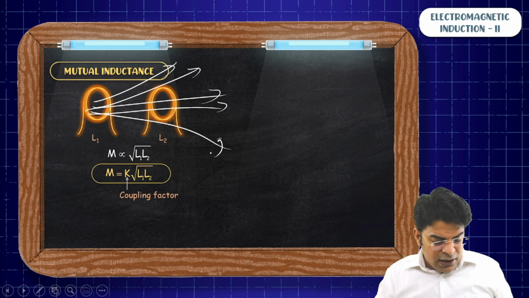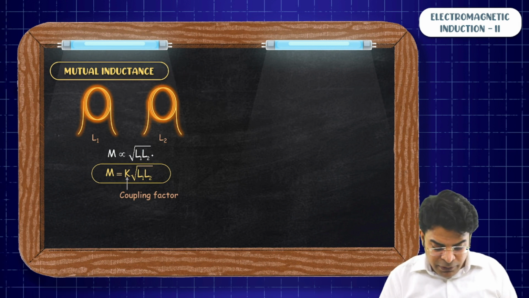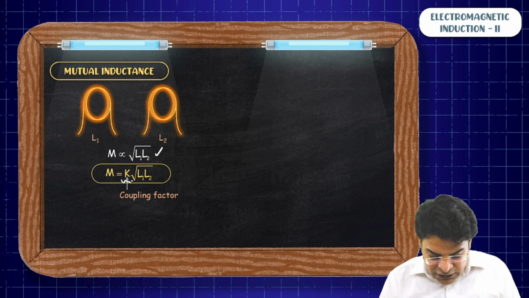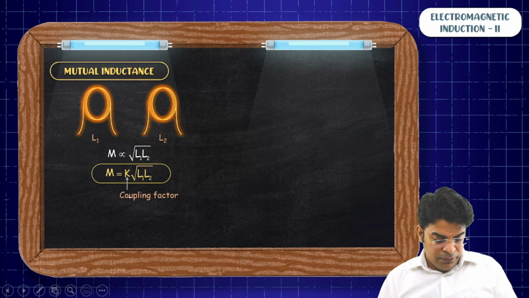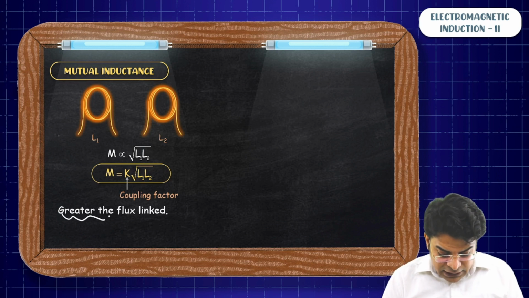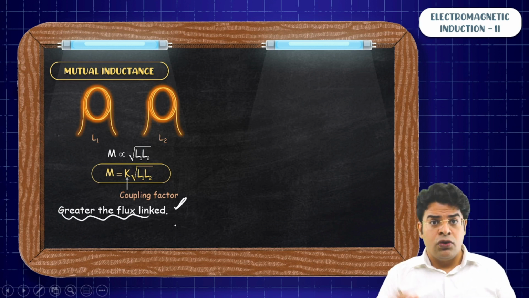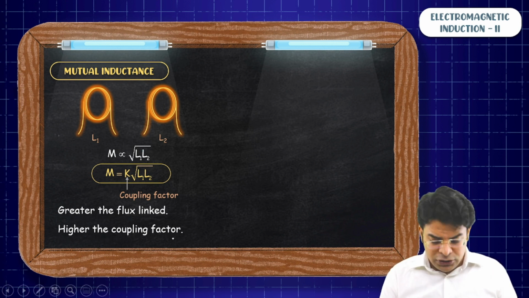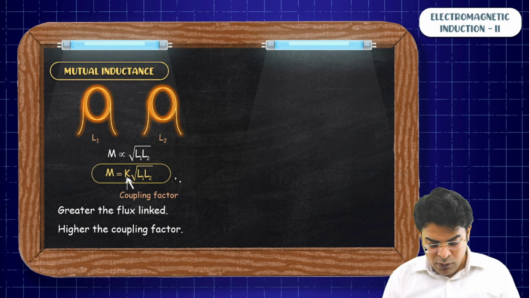So understand that the mutual inductance for the pair is directly proportional to root L1 L2, and here we place a constant which is called the coupling factor. Remember that the greater the flux linked between the two coils, the greater is the coupling factor. The maximum possible value of this coupling factor can be 1.